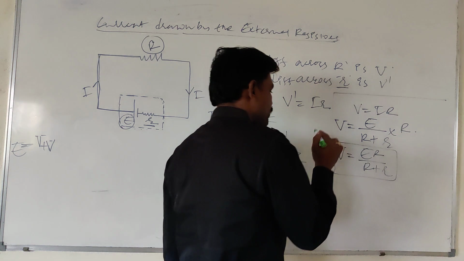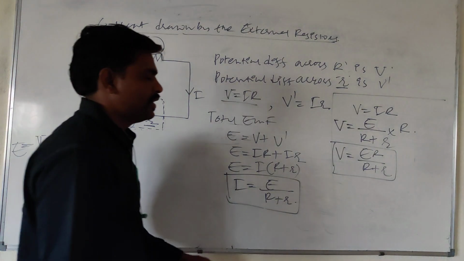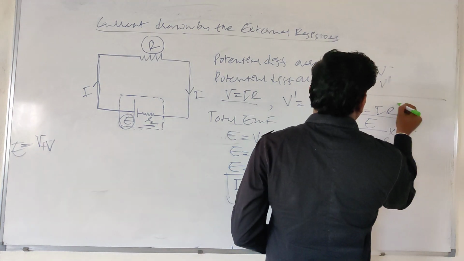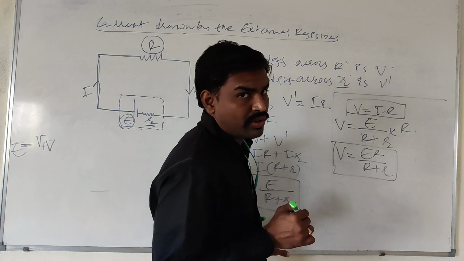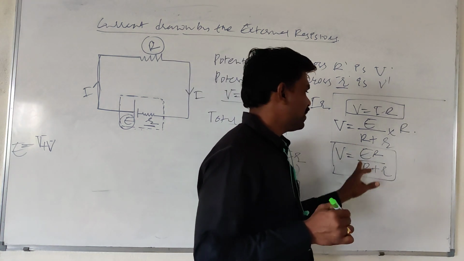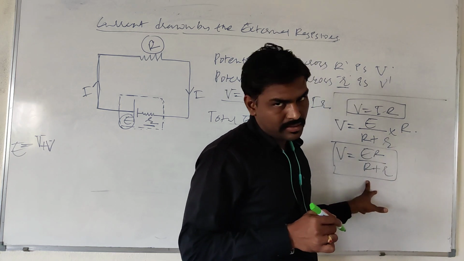The potential difference is normally V is equal to IR, and I is the current taken from the external source, which I put as E divided by R plus r, into R.